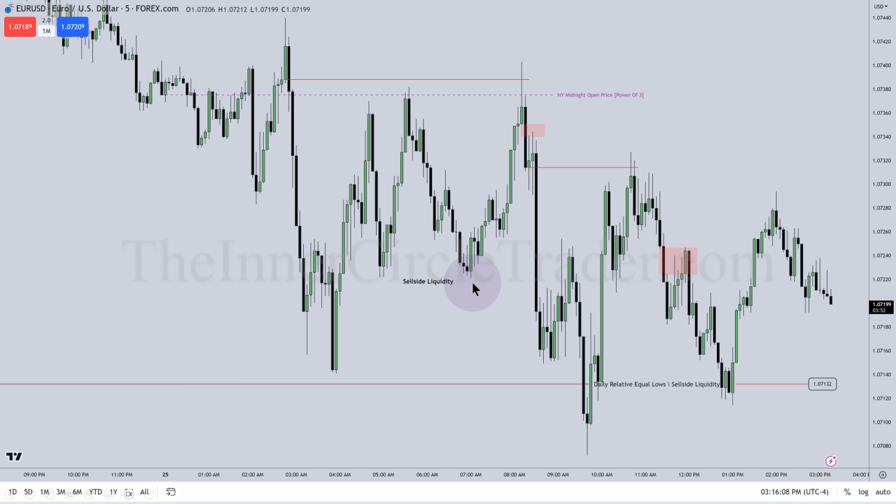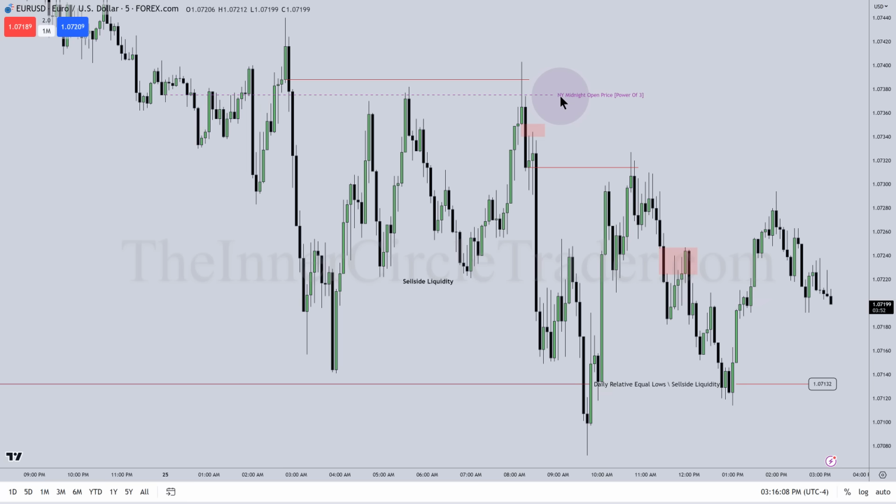And then where does it go? During the 7 o'clock session New York time, it rallies all the way back up for a third time after London lunch, and then during the 8:30 window where the news driver comes out, the news embargo lifts at 8:30, and then we run one more time, hit the order block, run the buy stop, and trade one more time above the New York opening price.